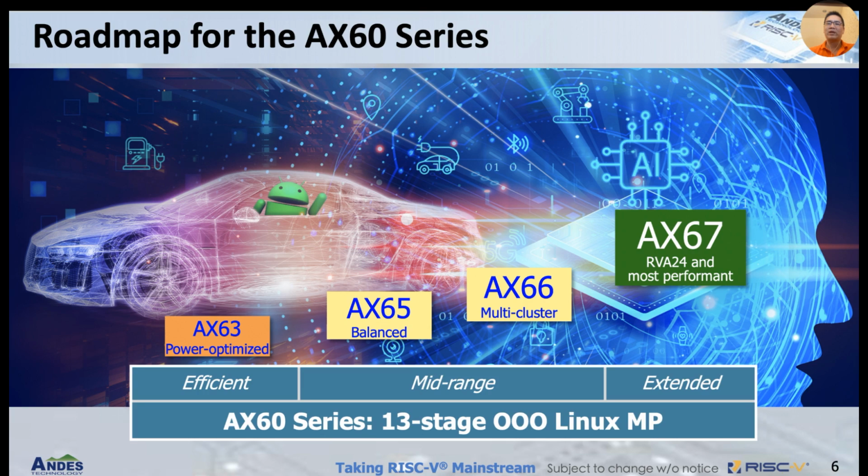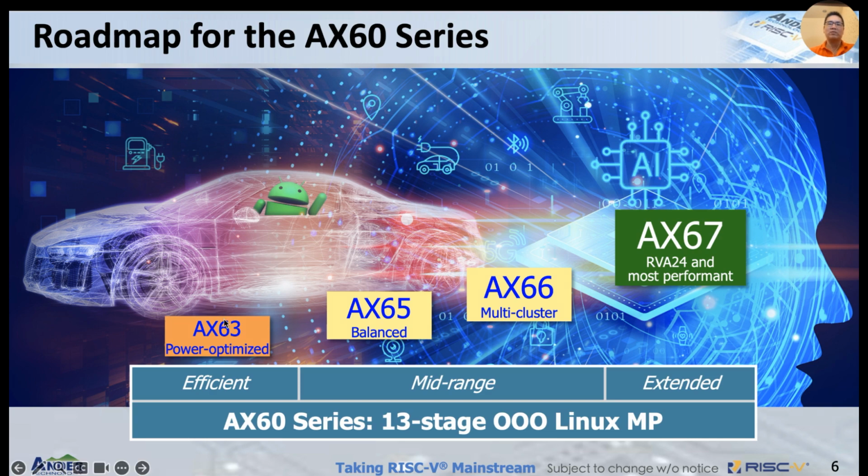For this year, we are planning to release the AX66 processor that supports multi-core coherency and multi-cluster design, and also technologies like hypervisor and vector crypto. And beyond AX66, we are planning to develop AX67 that supports the latest RVA24 profile, and additionally increases the overall performance of the processor.